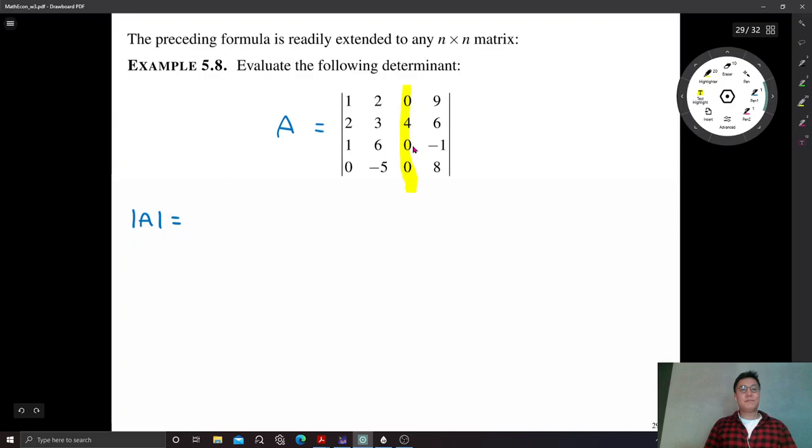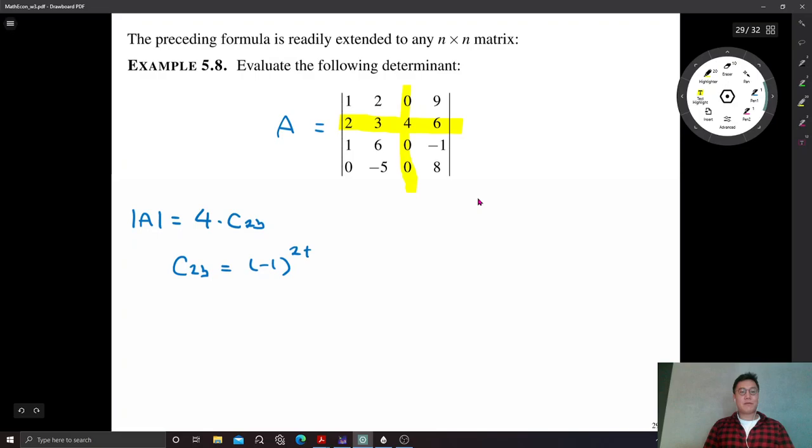So the corresponding cofactor is C sub 2,3, right? But this cofactor, in contrast with a previous example, because after elimination of the second row and the third column, now we are left with a 3 by 3 matrix. Okay, so C sub 2,3 is negative 1 to the power 2 plus 3 times the determinant of this submatrix.